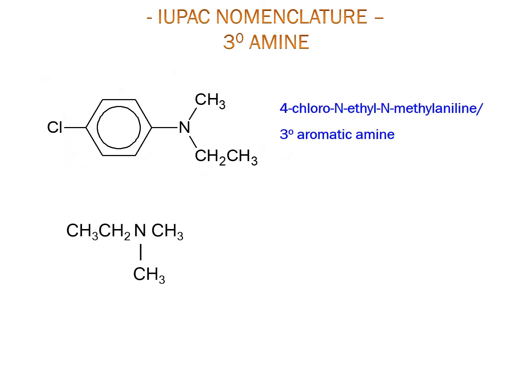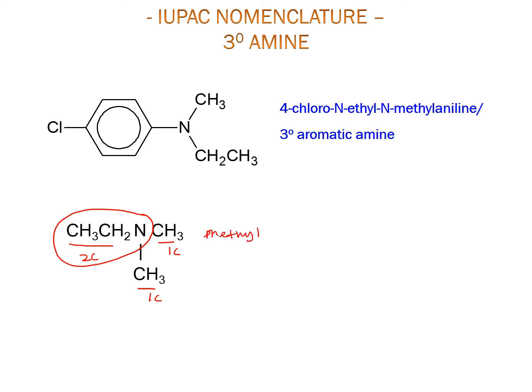Next example. Find the longest R group bonded to N. The first R is 1 carbon, the second R is also 1 carbon, and the third R is 2 carbon. So we choose the 2 carbon bonded to the amino group as the parent chain, and then you have 2 substituents bonded to the amino group, which are methyl.